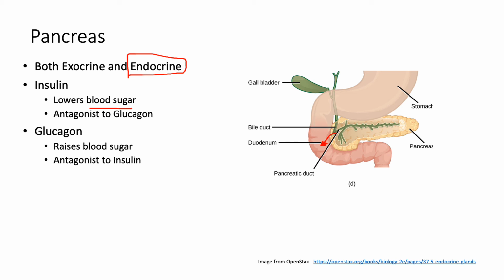So if you think about after you've eaten a large meal and you have a lot of blood sugar circulating, insulin is what's released to cause that to be stored away. If you go for a period of time and you haven't had any input of glucose, then glucagon is going to be signaling the release of glucose from your liver and your muscle cells into your blood.